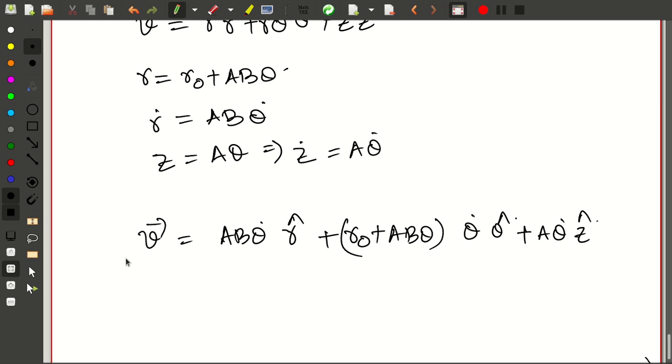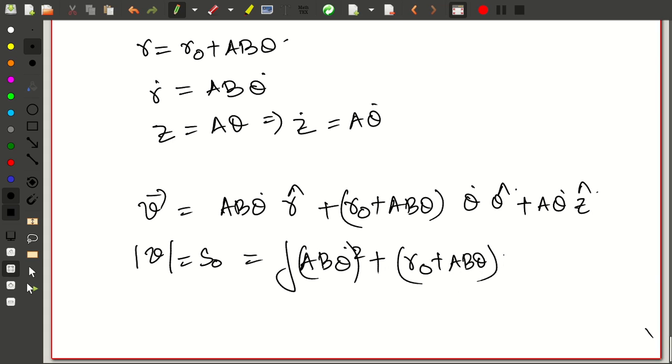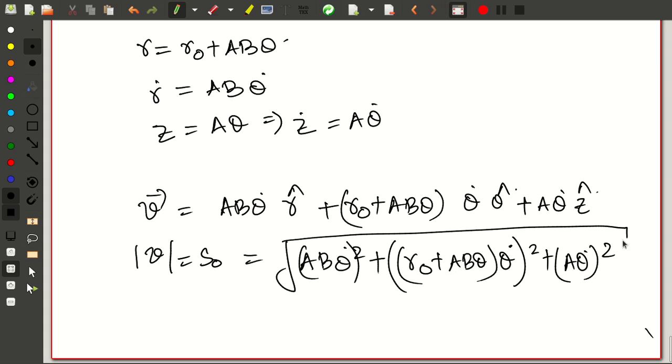Now the second part of the question is asking you to find out theta dot for some constant. If the constant speed s naught is maintained, what should be the angular velocity theta naught? Which means the magnitude of the velocity is some constant s naught. So let's find out what this magnitude v is, which is equal to the square root of (AB theta dot) whole square plus ((r naught plus AB theta) theta dot) whole square plus (a theta dot) whole square, and this is your s naught.